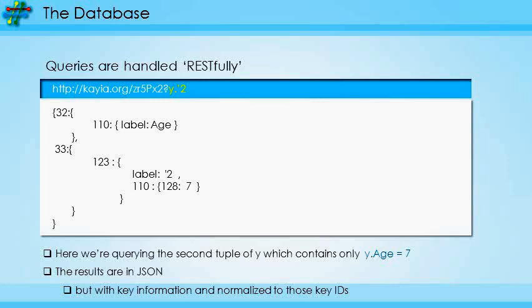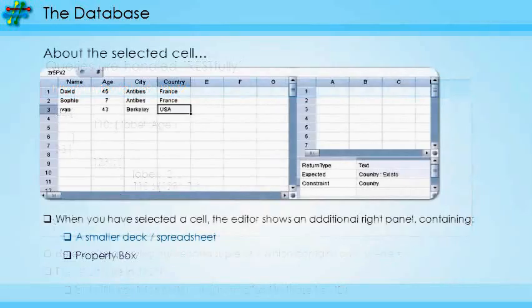You just ignore the IDs of 32, 33. But note that it is not like standard JSON where the labels are reproduced every time. Here, 110 is declared as age, and then it's used from then on to represent age throughout the JSON.